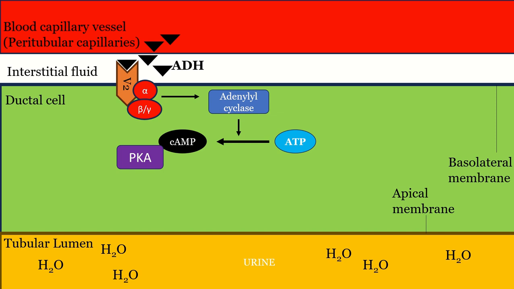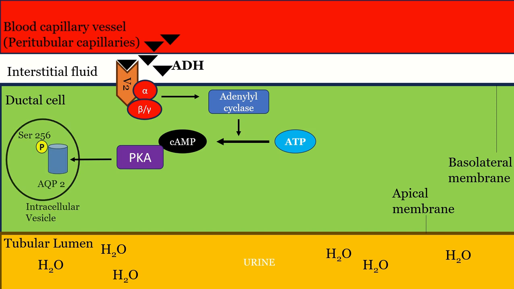Once protein kinase A is activated, it will phosphorylate the water channel known as aquaporin 2. AQP2 is the short form for aquaporin 2. This water channel is generally present in intracellular vesicles, and PKA will phosphorylate it at a specific amino acid site, which is serine 256.